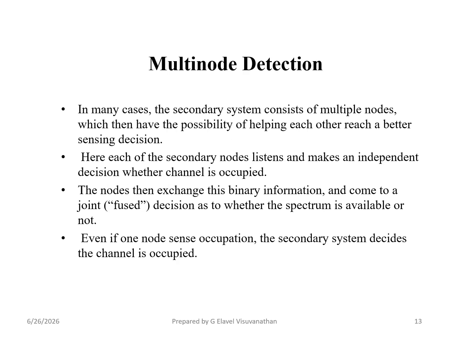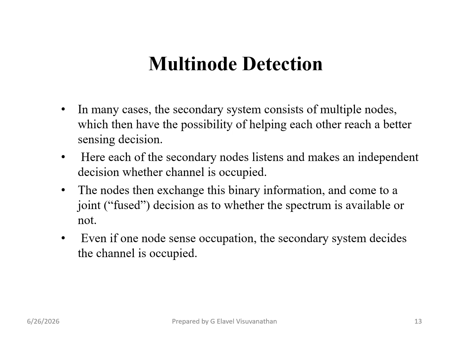Next, multi-node detection. In many cases, the secondary system consists of multiple nodes, which have the possibility of helping each other to reach a better sensing region. However, each secondary node listens and makes an independent decision whether the channel is occupied.